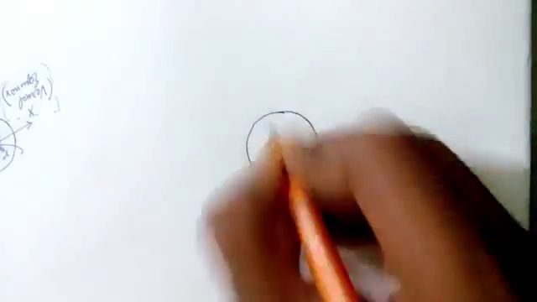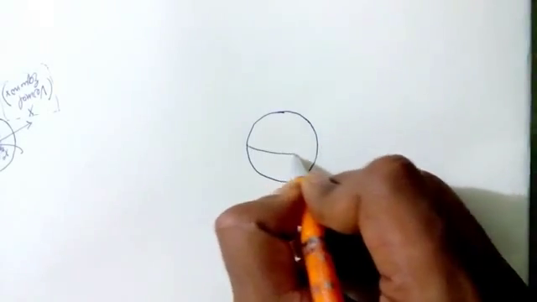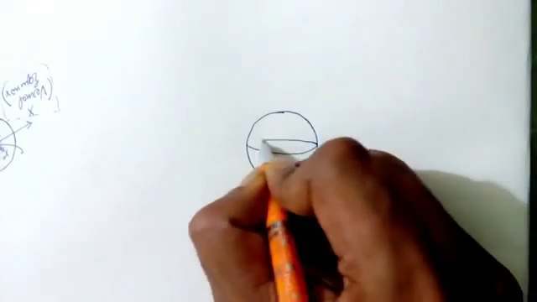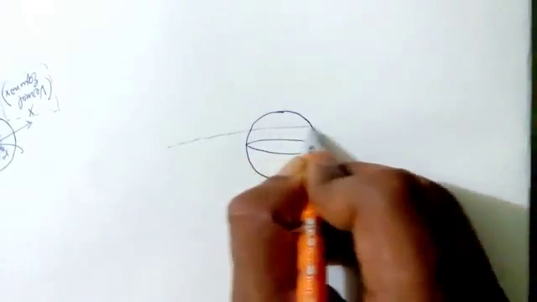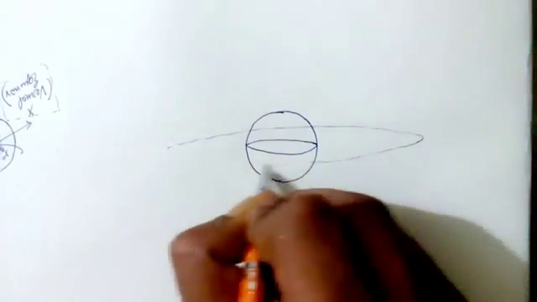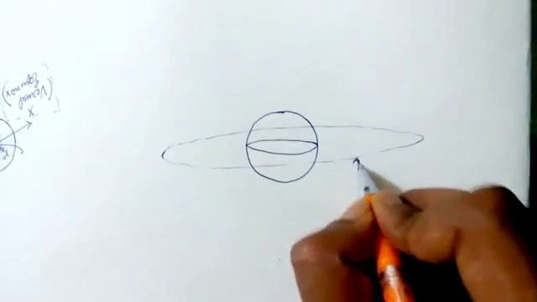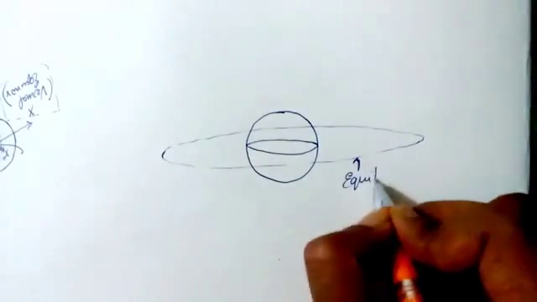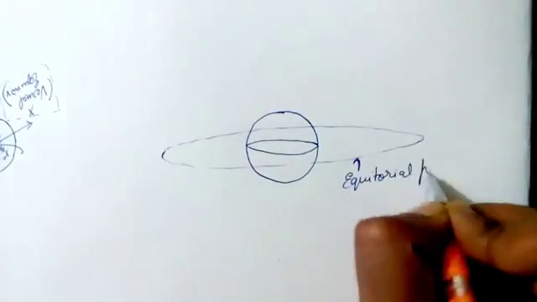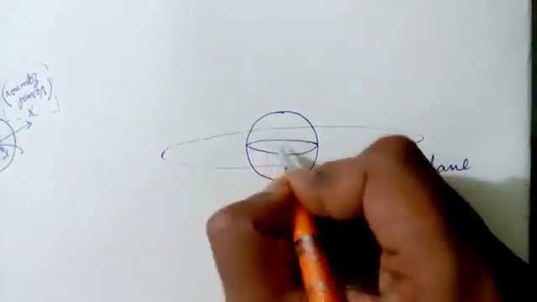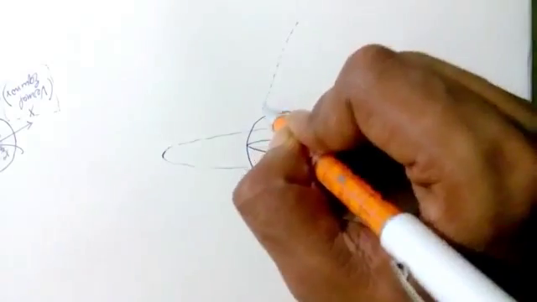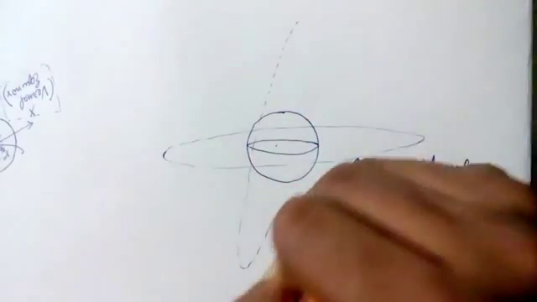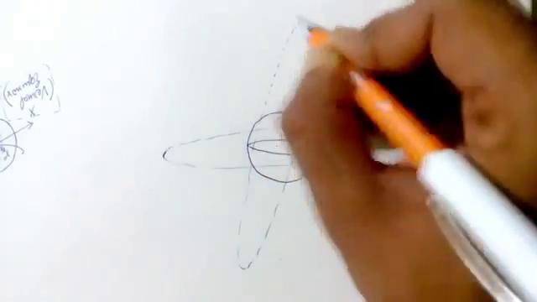Suppose this is our Earth. Now this will be our 0 degree latitude, which is the equator. The plane containing the equator is called the equatorial plane. Now if you observe from the Earth, then the Sun will appear to orbit the Earth, somewhat like this.